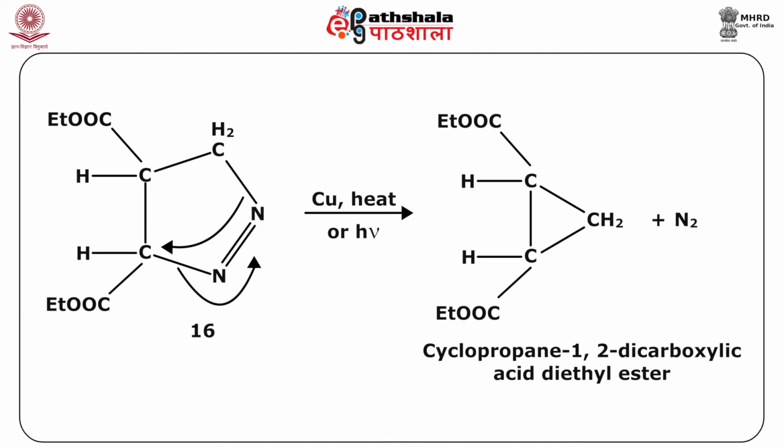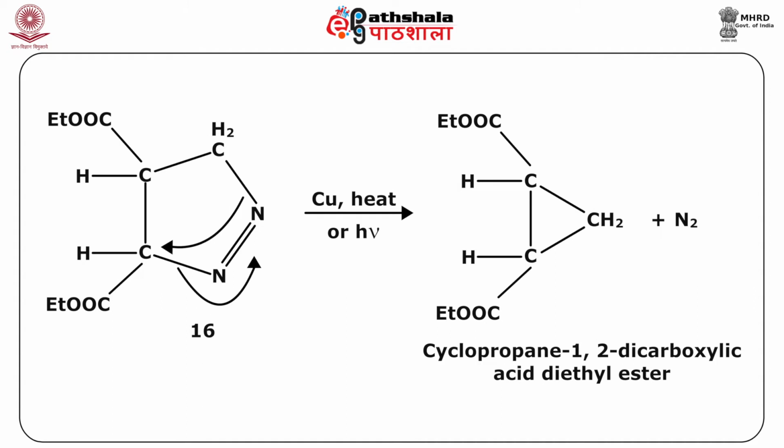In step 2, the pyrazole derivative 4,5-dihydro-3H-pyrazole-3,4-dicarboxylic acid diethyl ester 16, on either photochemical or thermal decomposition, loses one molecule of nitrogen and forms a cyclopropane derivative 13, as shown in the figure.